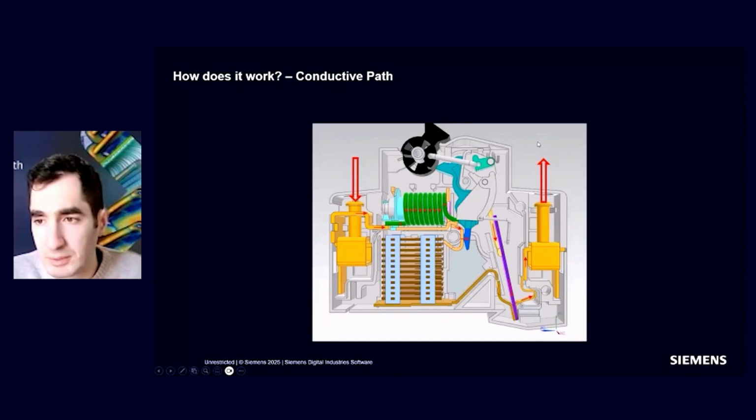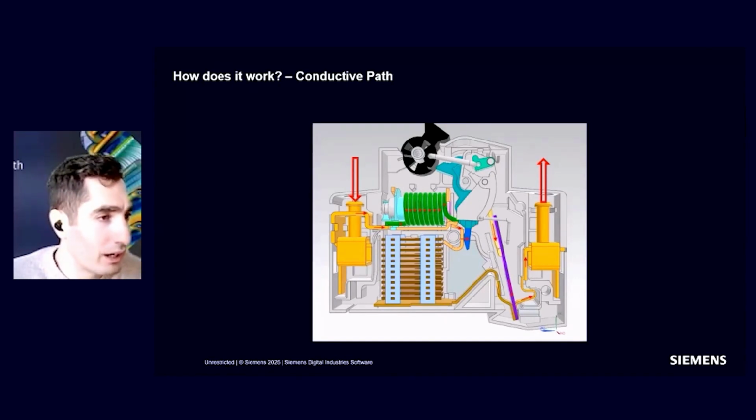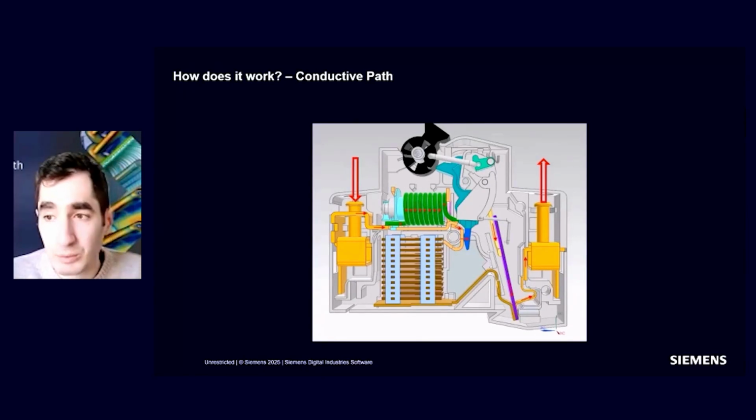So in normal operation, nothing happens, the flow of current goes through the circuit breaker. But when we have overcurrents or short circuits, the circuit breaker needs to open and prevent damage.